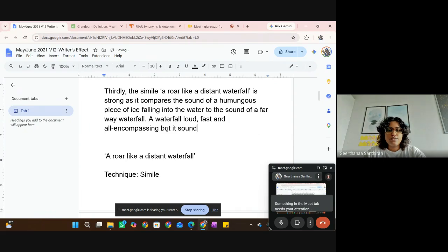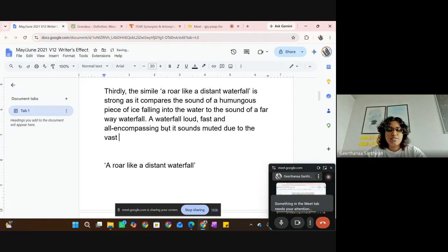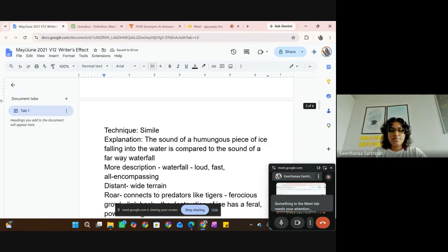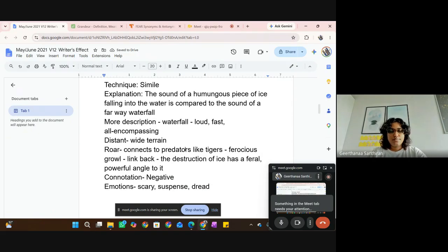But it sounds muted due to the vast terrain. Okay, so more description of the sound, that nuance.